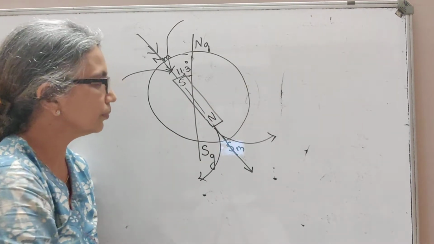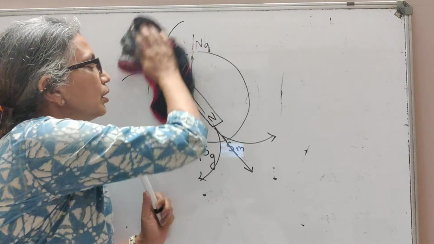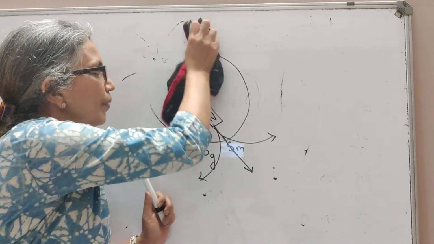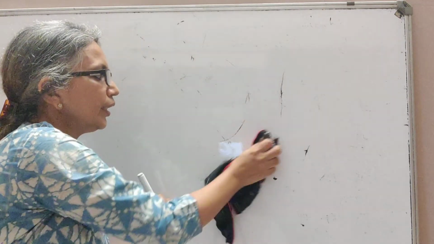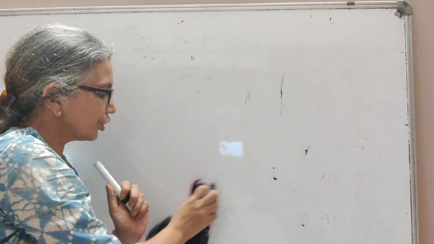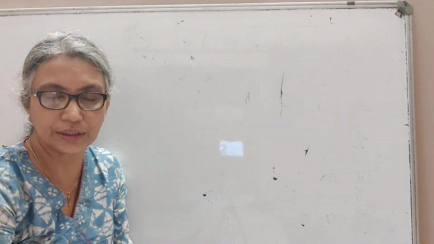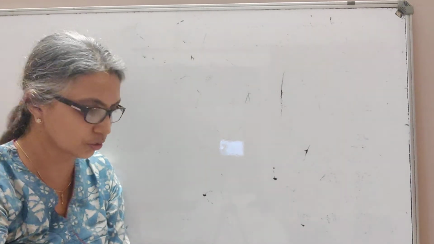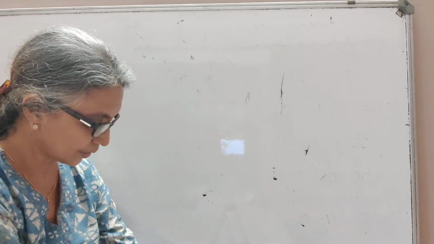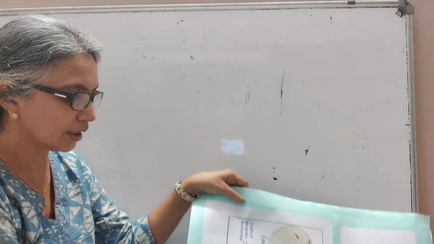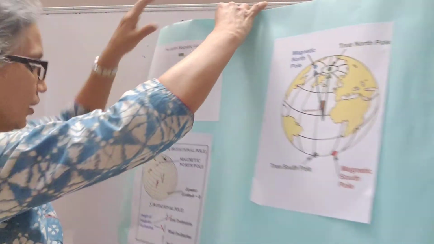Now, in order to find out the direction and magnitude of the magnetic field at any place on the earth, suppose we are in Kochi here at my place. If you want to find out the earth's magnetic field at a place, both in magnitude and in direction, we need to know three elements.